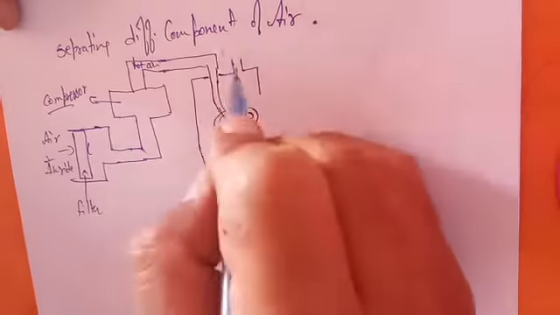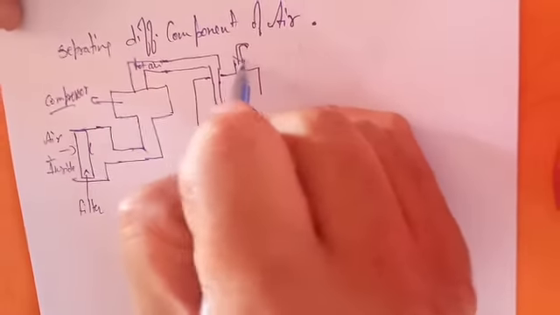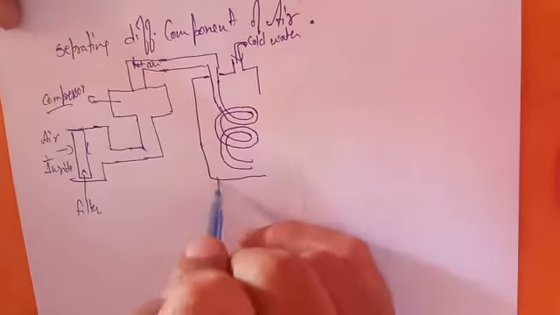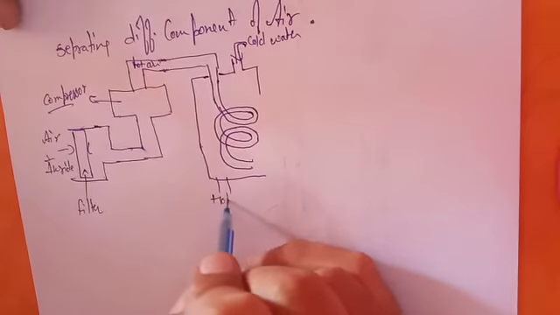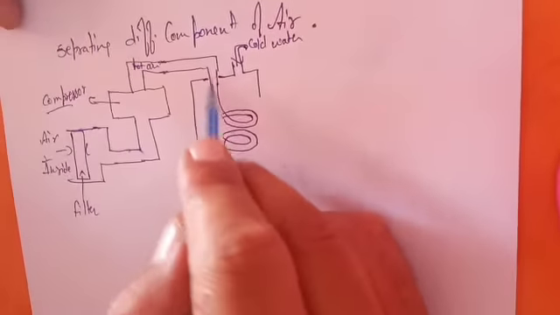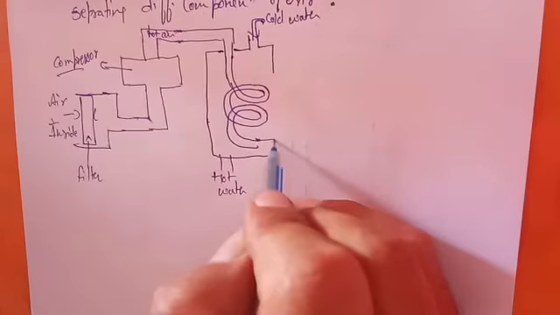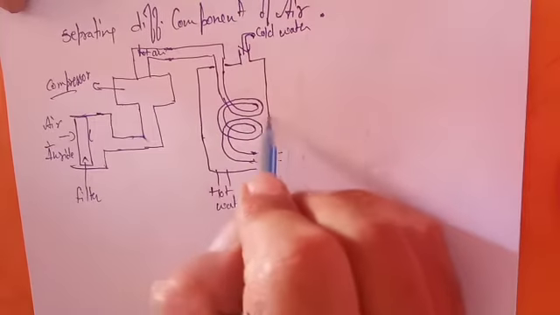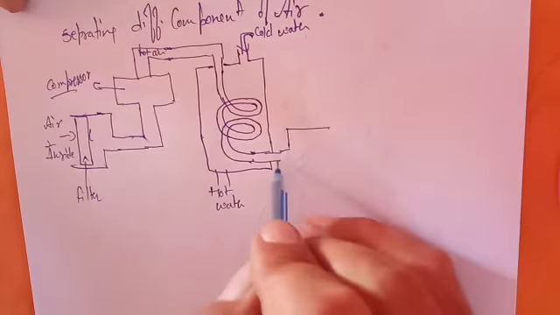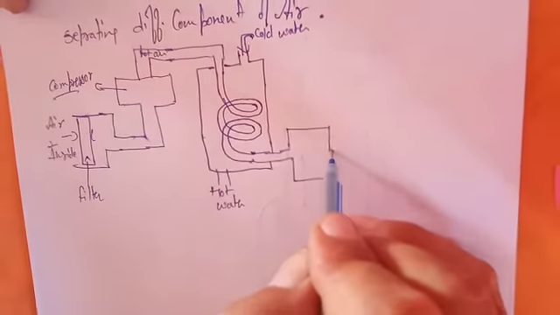From here you provide cold water, and you can take hot water from here, because it has absorbed the heat from the hot air. Then the air passes through here, which is known as the separator.